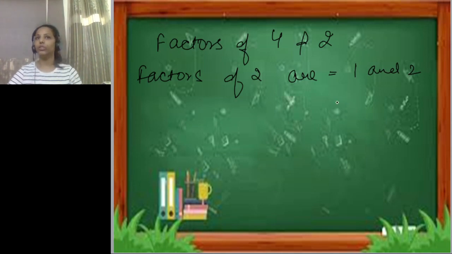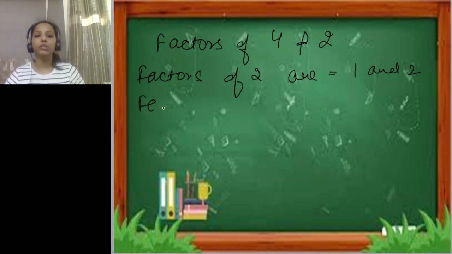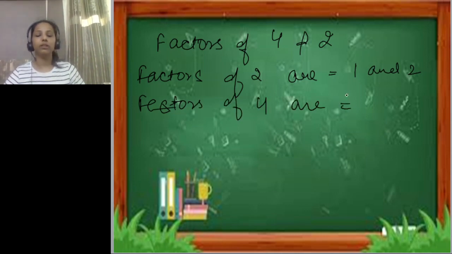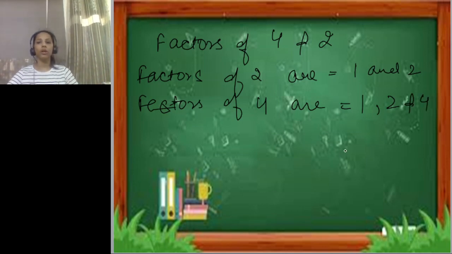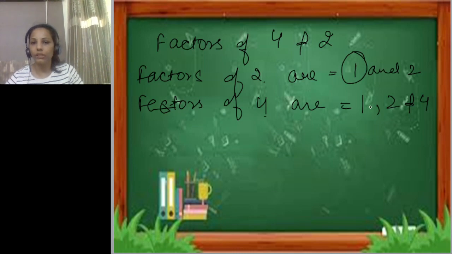One is the number which divides every number. So 1 is a factor of every number. And factors of 4 are 1, 2, and 4. You can see here the common factor of 2 and 4 is 1.